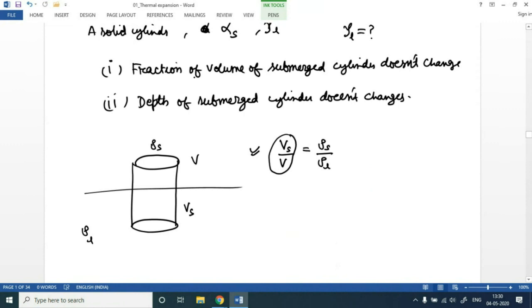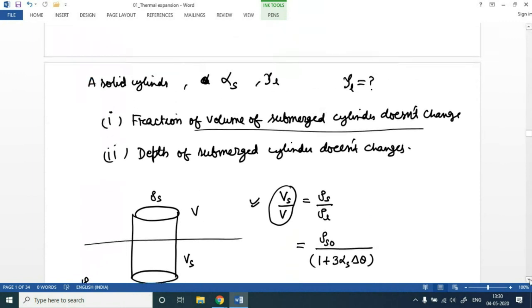At the changed temperature, rho S can be written as rho S naught upon 1 plus 3 alpha S into delta theta. That is the changed density, from the formula we have already looked at above.